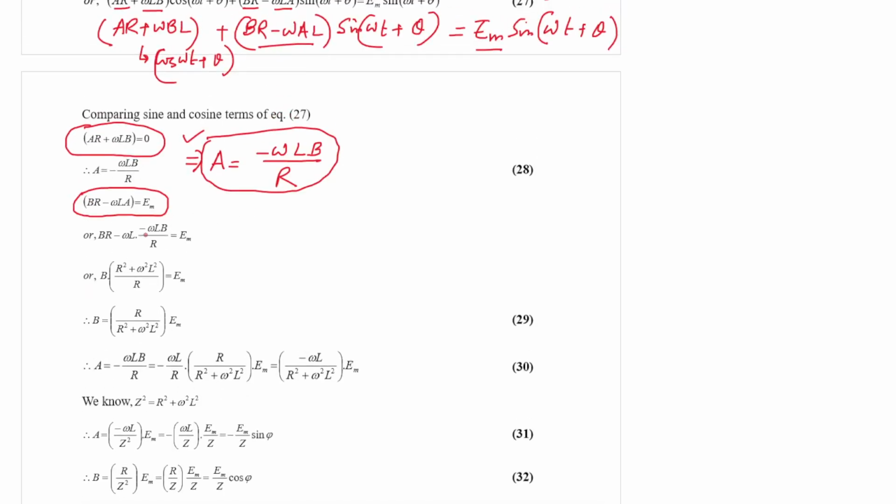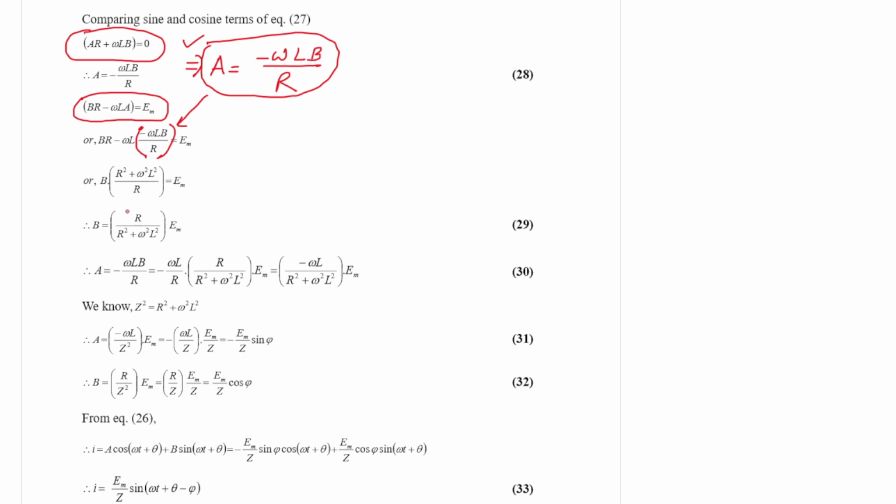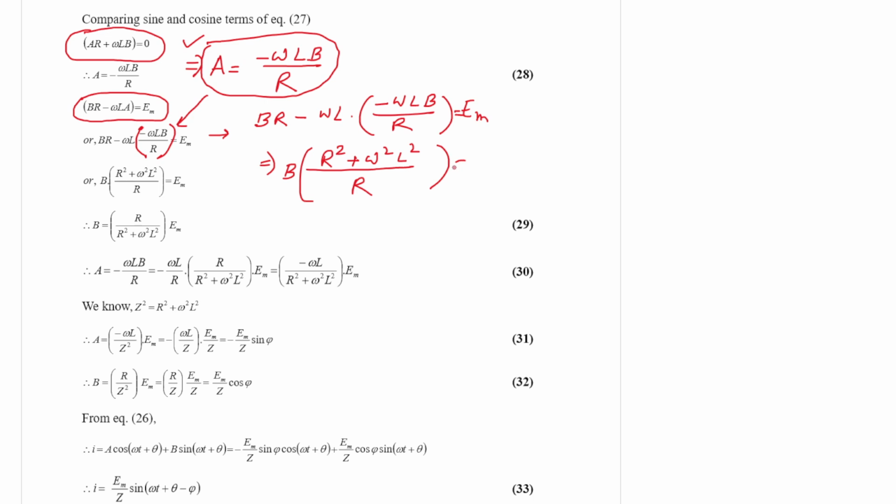So if you substitute A equal to minus omega LB by R into this equation, where omega L is multiplied by A, and simplify further, taking B common, the equation becomes BR minus omega L into minus omega LB by R equals Em. Taking R as the LCM, B is common, and inside it will be R square plus omega square L square, that is equal to Em.